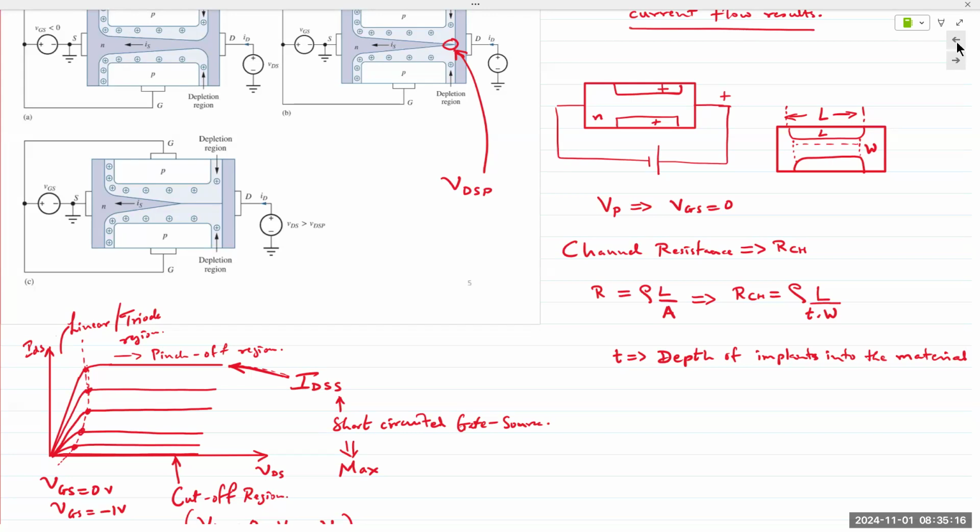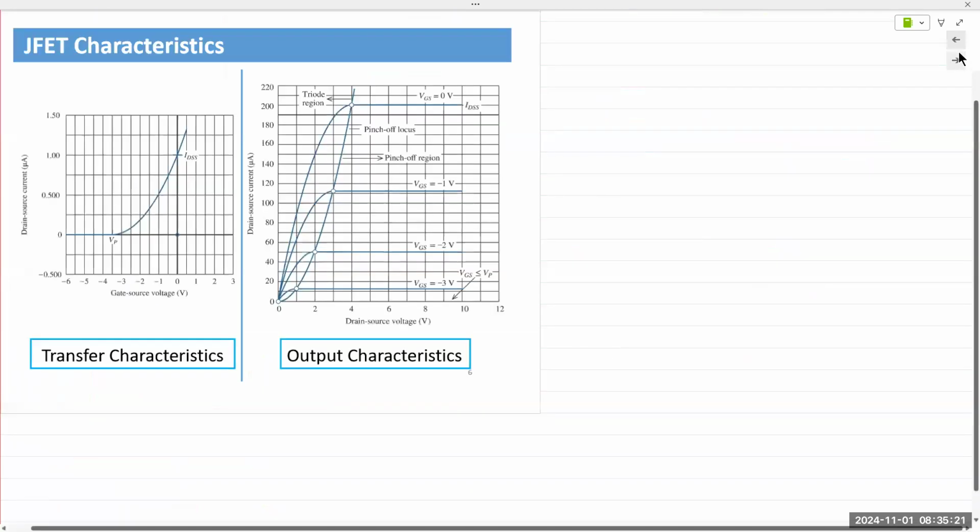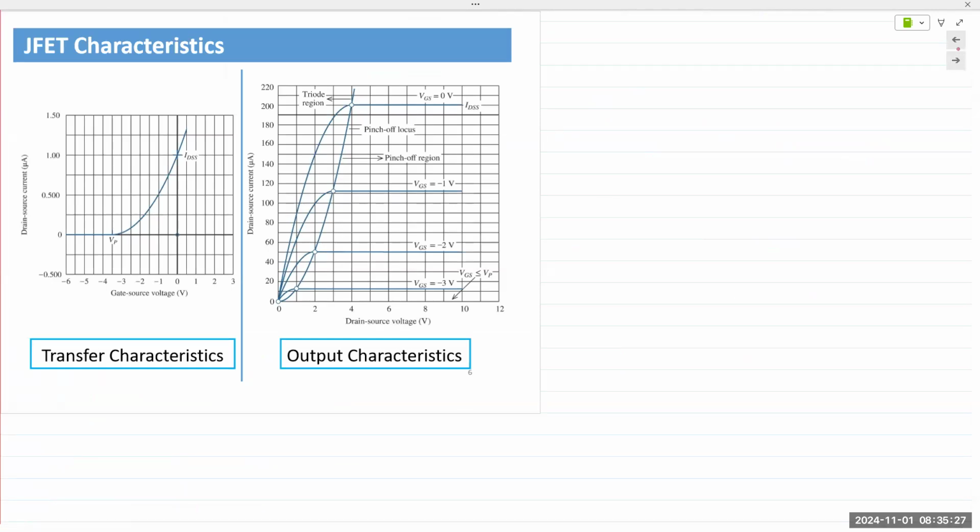And then there's a graph in the next slide that we can talk about more here. So we have VGS equals 0 right here at the top. Maximum value of the current, IDSS, that's the maximum value of the current that can flow through the JFET.